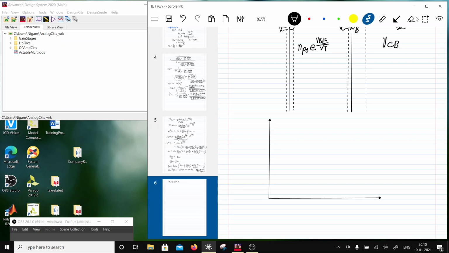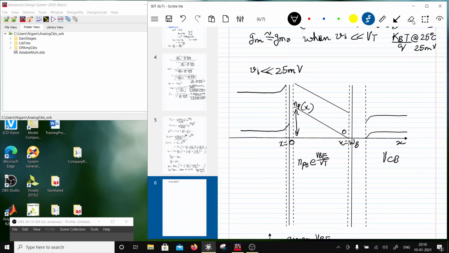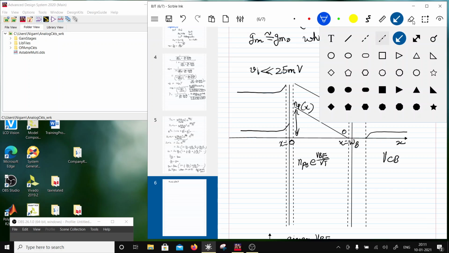So for low values of VCB, this quantity is not 0 here. So this minority carrier is not 0. You can represent this as a line, which is a dotted line. Let me draw a dotted line.